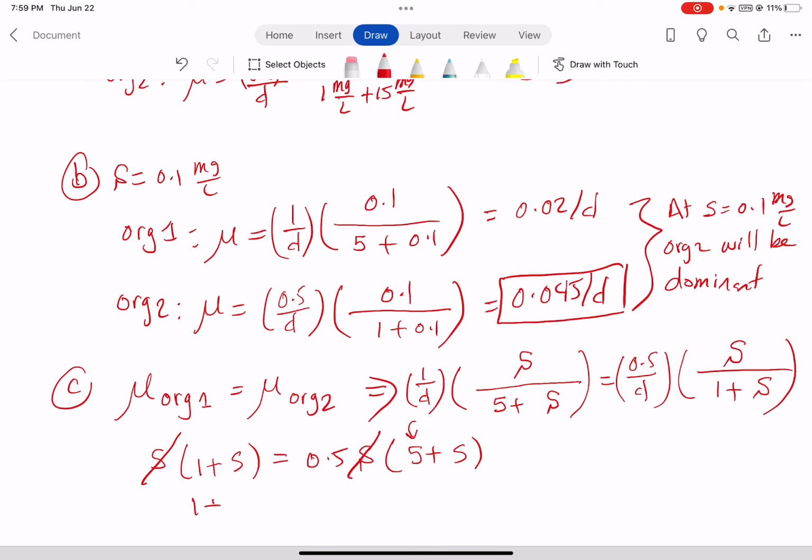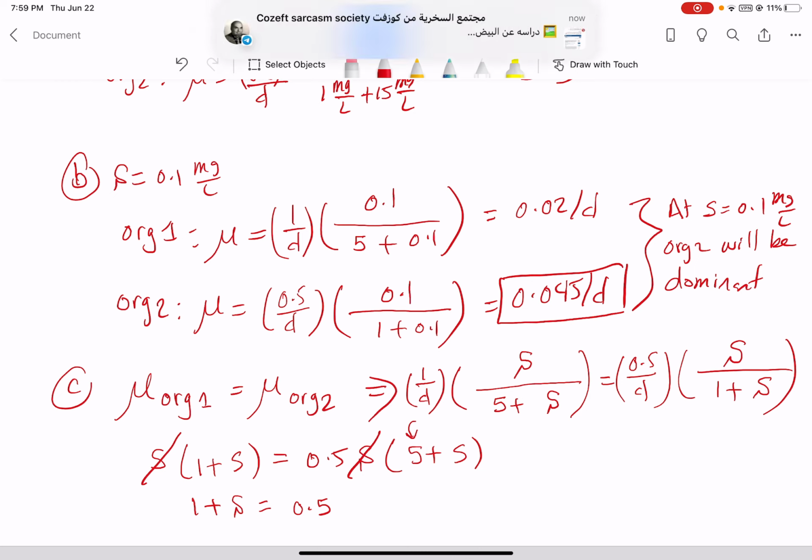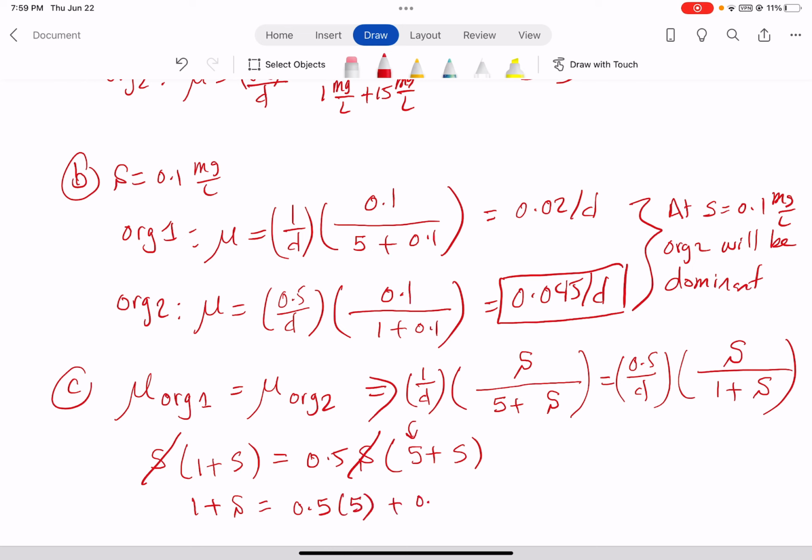So 1 plus S is equal to 0.5 times 5 plus 0.5 S. So now you take the other side, it's 0.5 S. You take the other side, it is minus 1 plus 1/2 of 5 is 2.5.